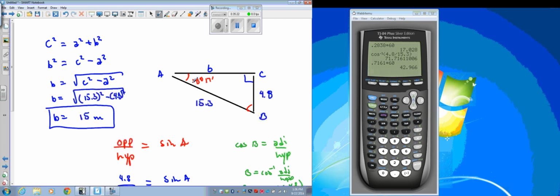You wouldn't calculate this angle and then use the cosine of that angle to get B, like adjacent over hypotenuse, because then you have one rounding error in the problem right here, and then you get another rounding error when you get your answer for B. You'll see why they want you to use the data that's there.